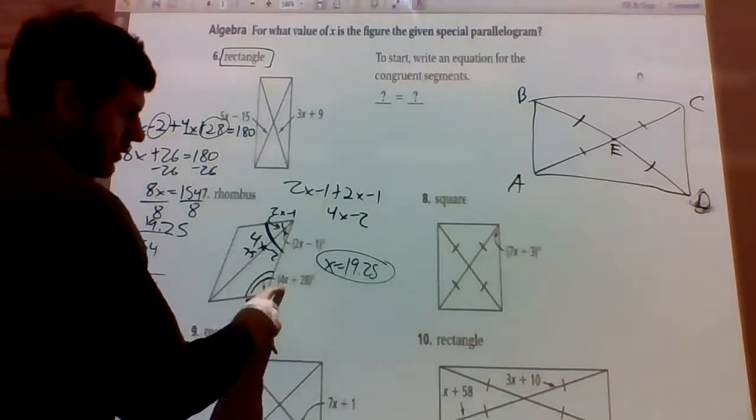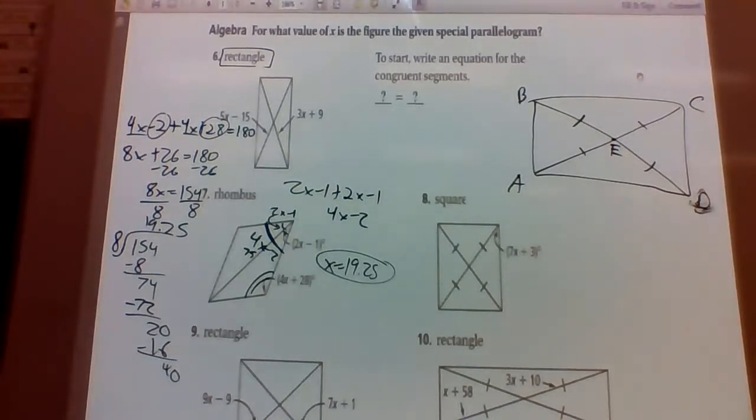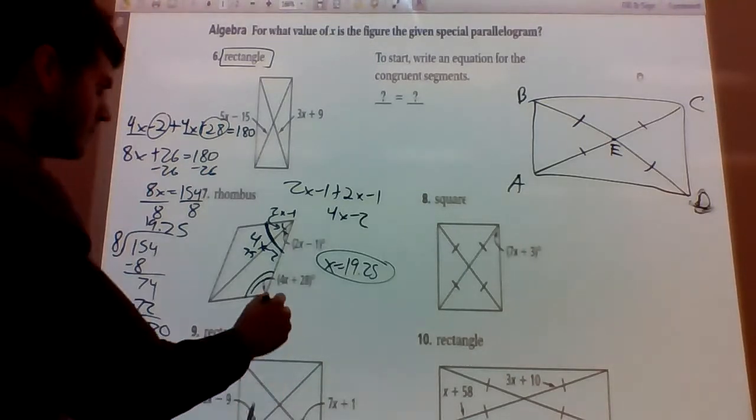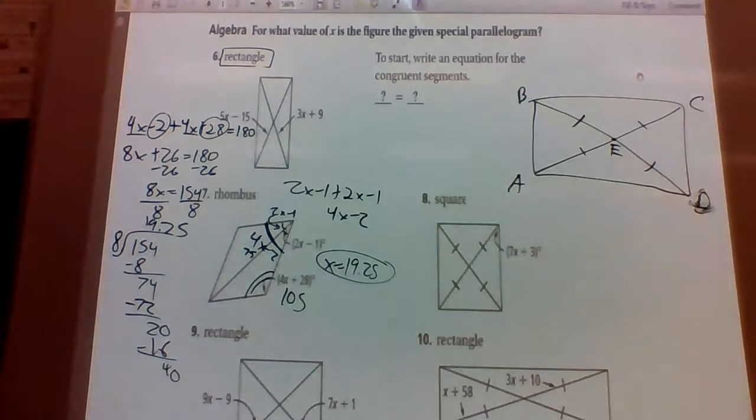We're going to get 4 times 19.25, which is going to give us, what is that, 80 minus 77 plus 28. So 85, 105. 105 plus 75 is 180. So we know we have the right answer by substituting it back in.